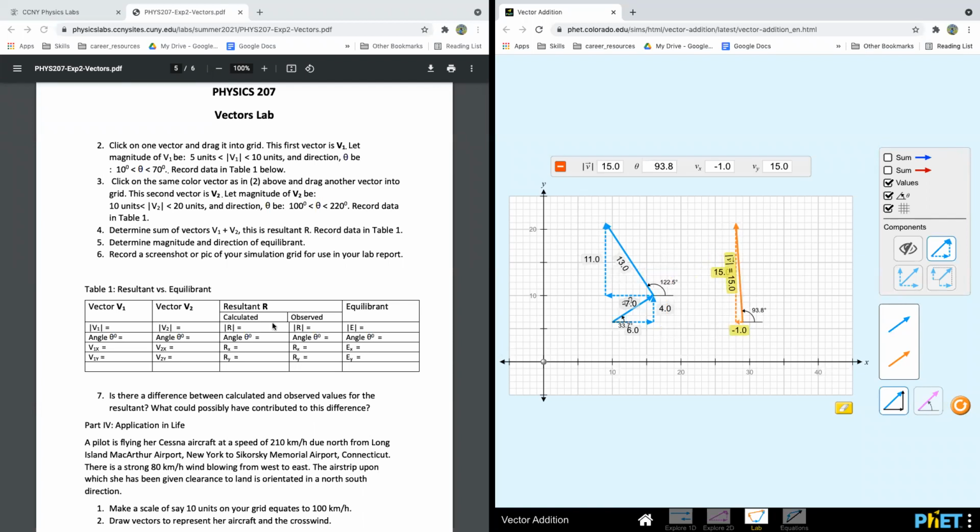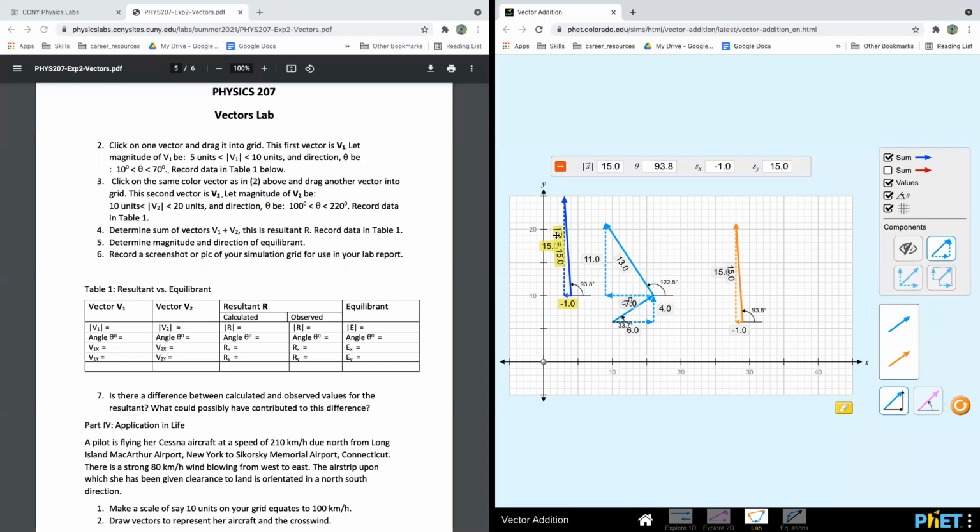And another one is you try to observe. Observe is you click sum. You click sum, okay. So this is exactly like what we measured here, right? The sum will give you the result, which is Rx and Ry, and the R magnitude will be 15.